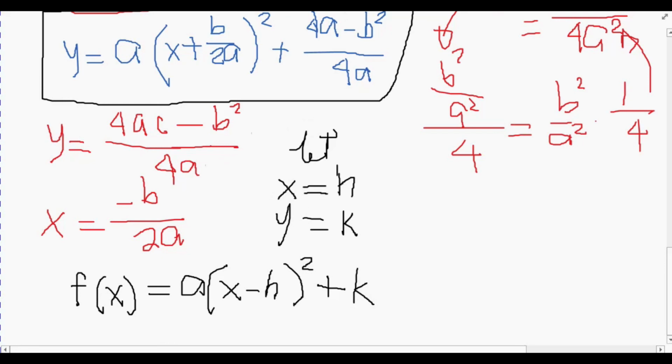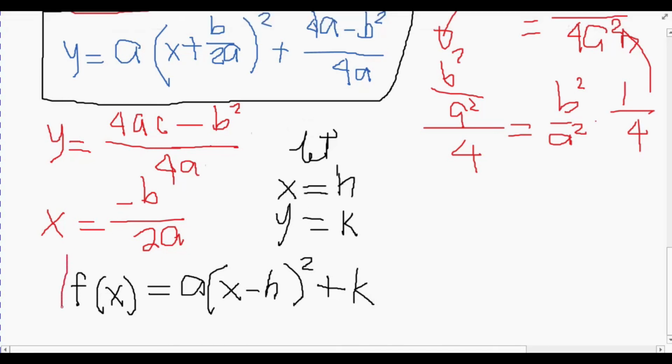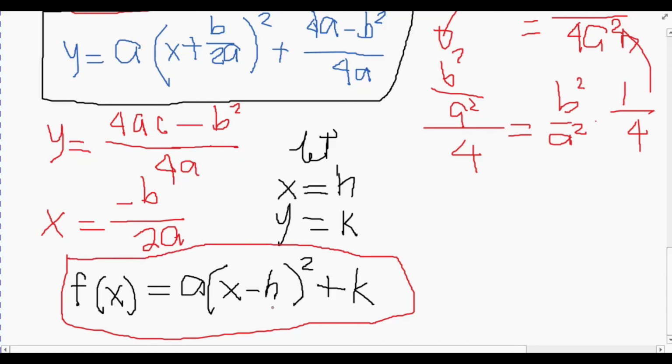Okay, so this is now the vertex form of the quadratic function, wherein h is the x coordinate and k is the y coordinate, written as an ordered pair (h, k).